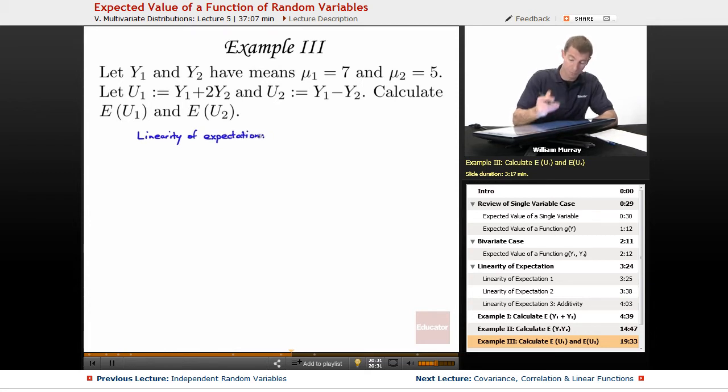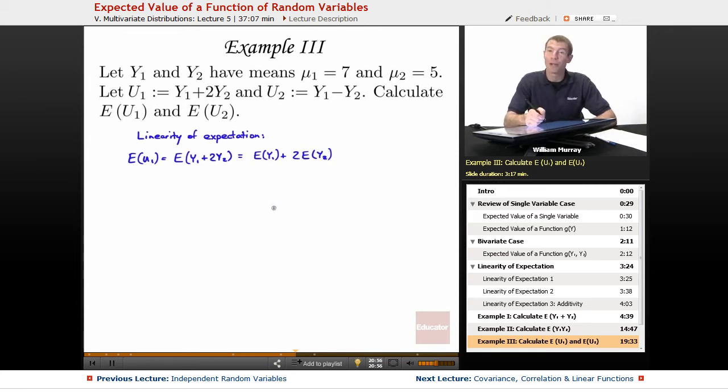And so the expected value of u1 is equal to the expected value, just by definition of u1, of y1 plus 2y2, but then expectation is linear. So we can separate this out into the expected value of y1 plus 2 times the expected value of y2.